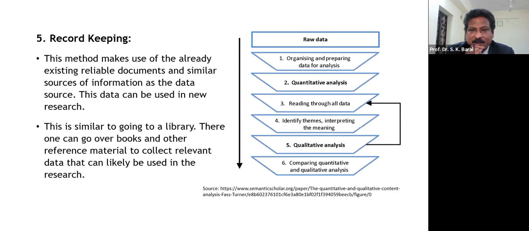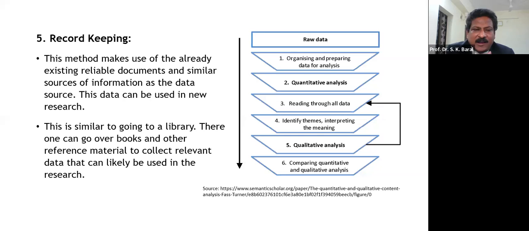And record keeping. The next method is the record keeping method of qualitative data analysis, qualitative research methods. So this method makes use of already existing reliable documents, and similar sources are available for new research.